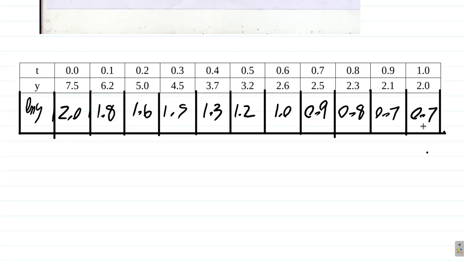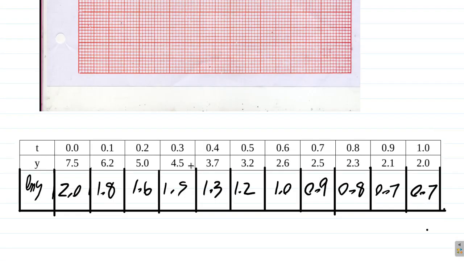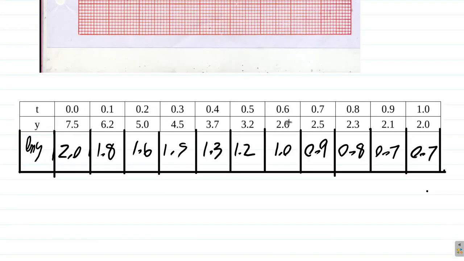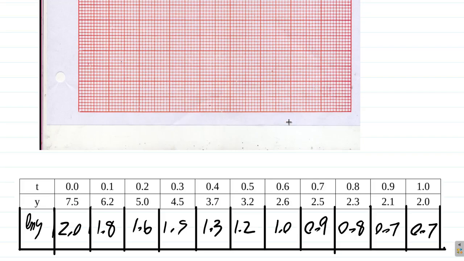so if we use that as our graph, t goes from 0 to 1, and t would be on the x-axis.